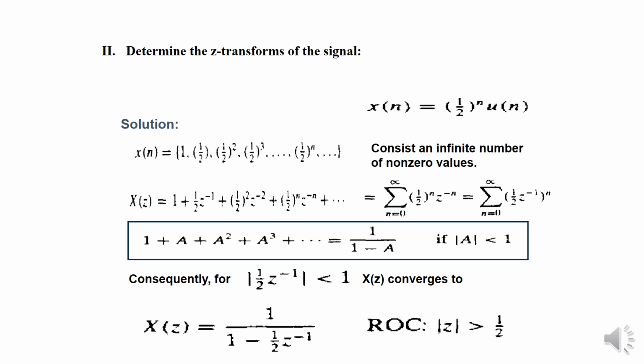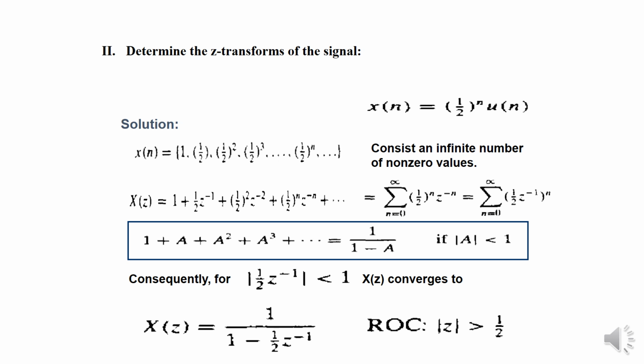When we apply the equation, we will get 1 plus 1 over 2 z to the power minus 1 plus 1 over 2 squared z to the power minus 2 plus 1 over 2 to the power 3 z to the power minus 3, and so on. That means sigma n equals 0 to infinity of 1 over 2 to the power n times z to the power minus n.